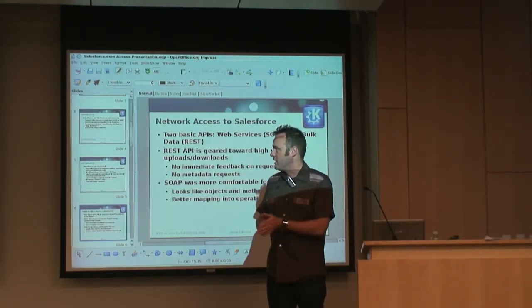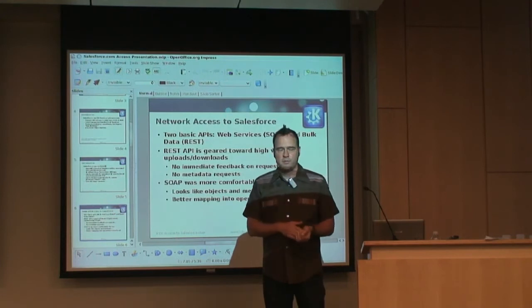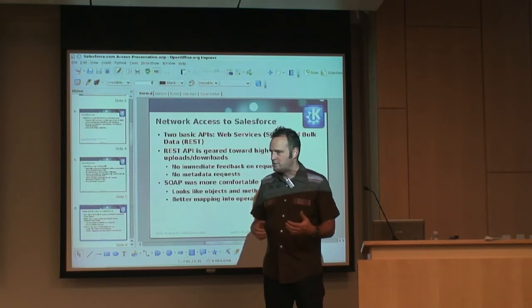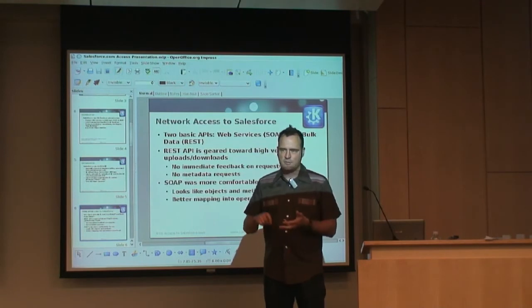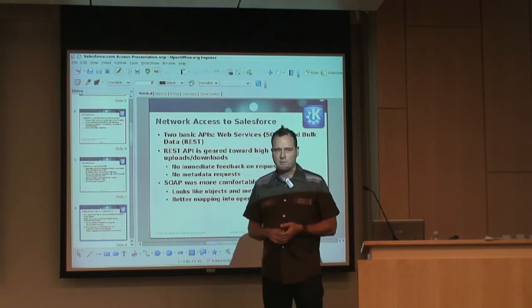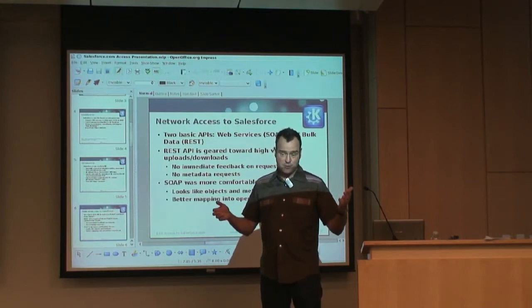They've got two APIs. One of them is more like what they call the bulk data API. It's sort of high volume stuff, and it's not as rich in terms of getting information like what tables are there, what fields are in each table, what are the types, all that kind of stuff. Also, SOAP for me was a little bit more comfortable because they give you these files called WSDL.